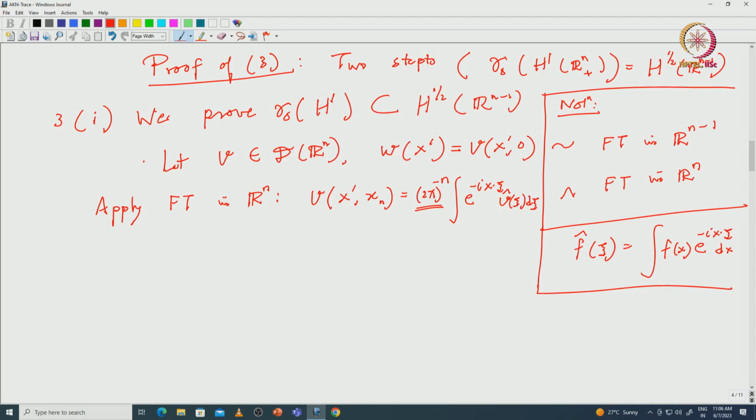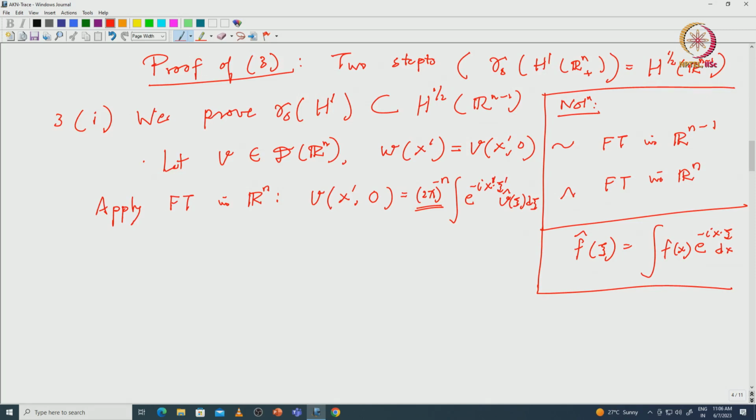Okay. So, what I am going to do is that I put xn equal to 0. So, there will be 0 here, that xn psi n term will go, and you will get x prime dot psi prime.